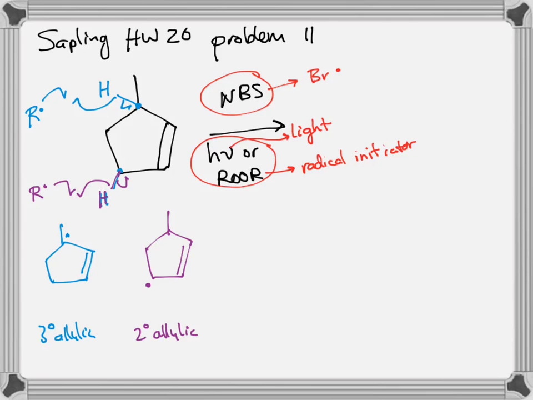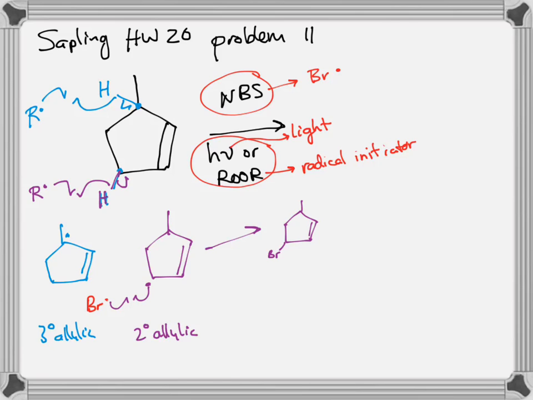The final stage would be our bromine radical, which for simplicity I'm just going to show with a single electron. Could come in with our secondary allylic, and we can get our purple final product, which would be this guy with our bromine there.